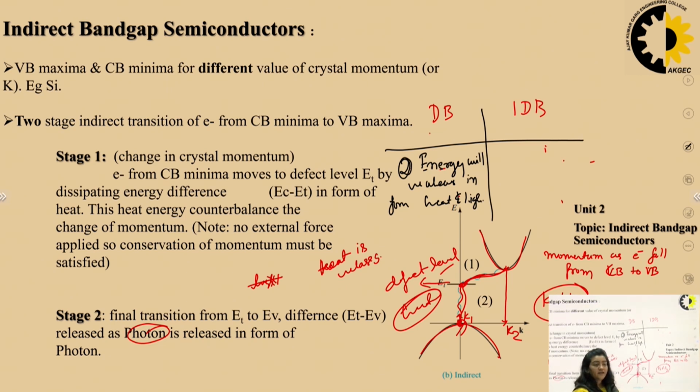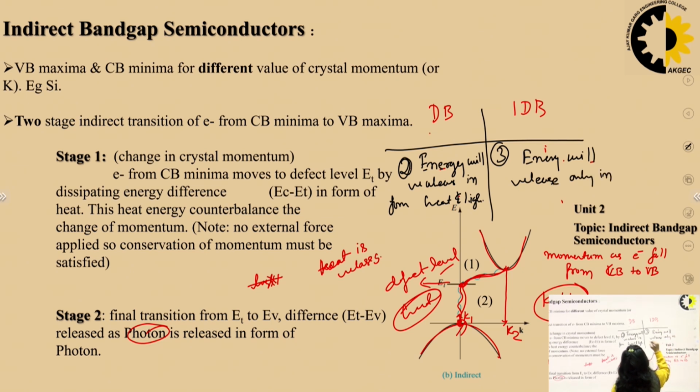But in the indirect band gap, the energy is released only in the form of heat.